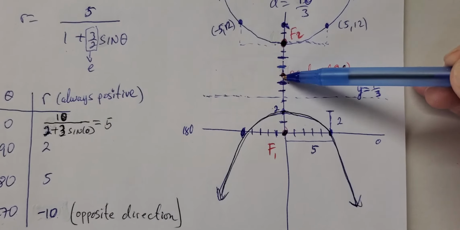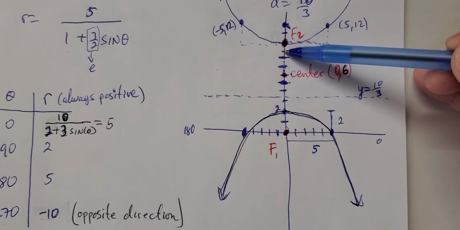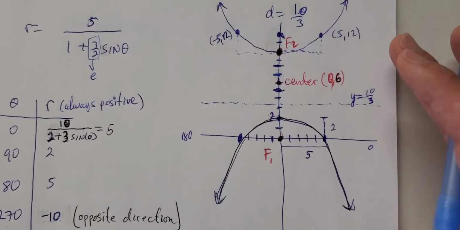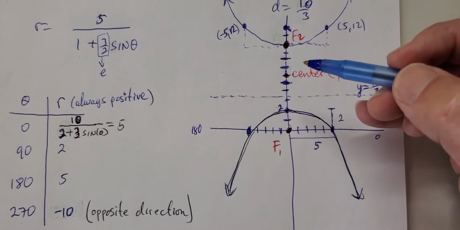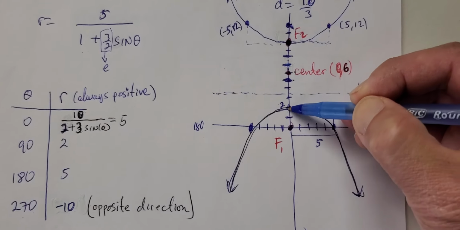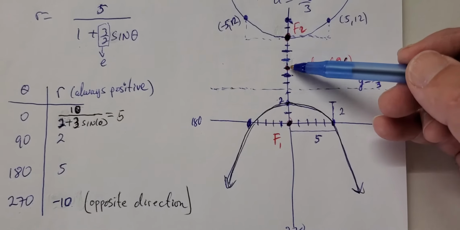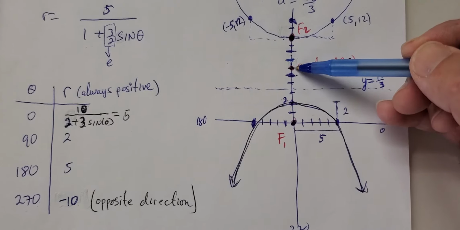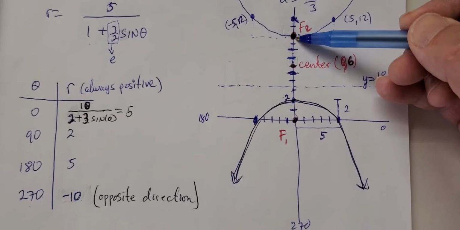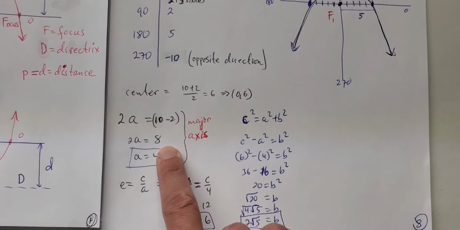Going up, same thing, 1, 2, 3, 4. So that is A right here. From the center to here is 4, from here to here is also 4. So that's how I find A.